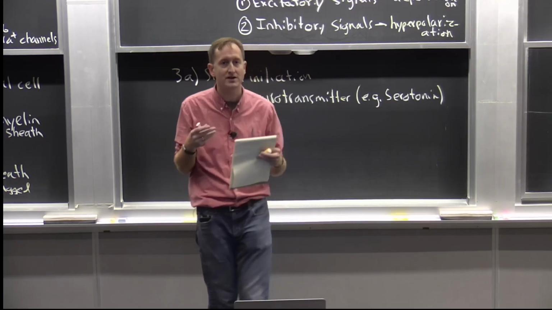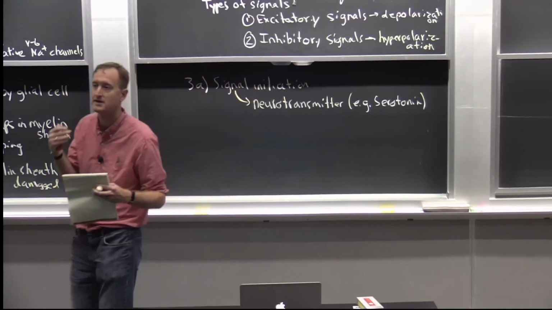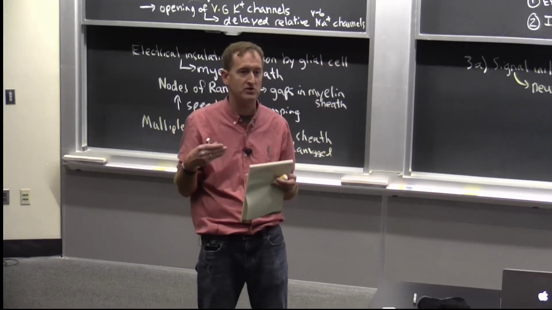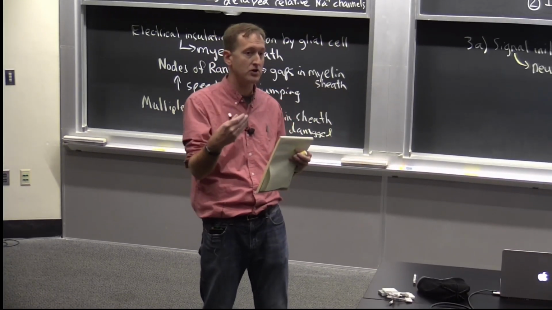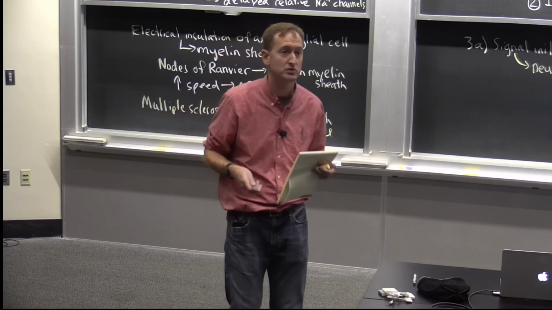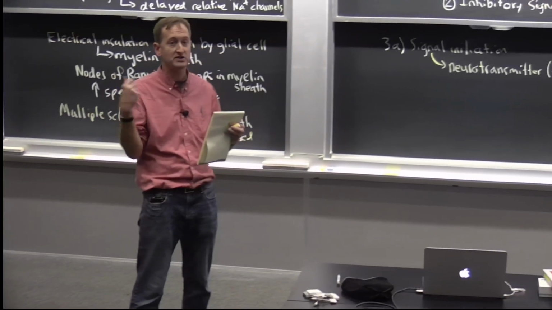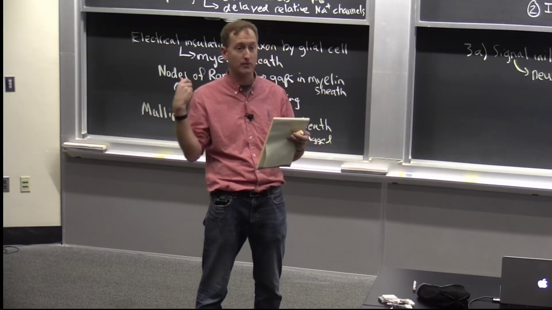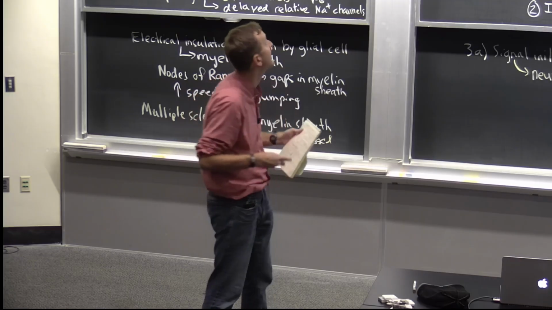Okay, and so the way that neurons communicate is neurons are a case of where luck favors the prepared. Neurons are totally prepared to send signals to each other. They have everything ready to go when they get word from upstream, and they're ready to send signals to the next cell.